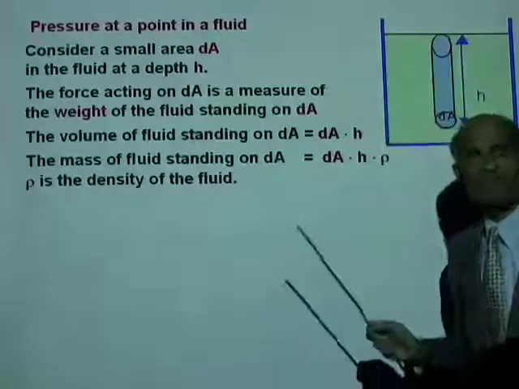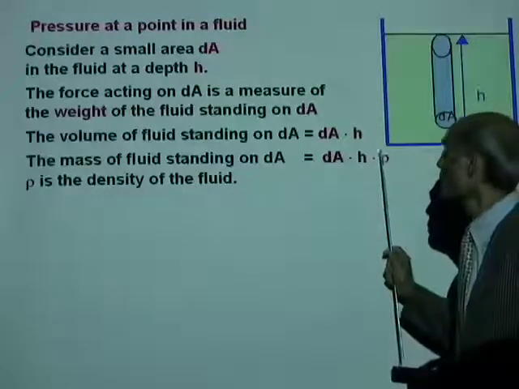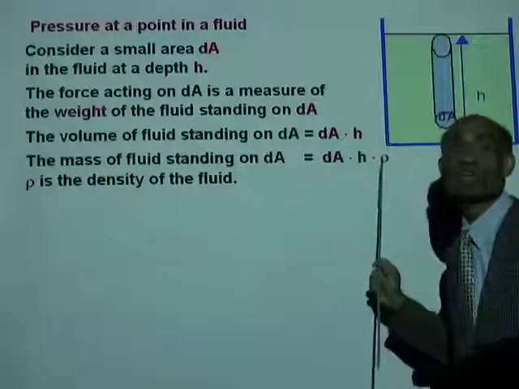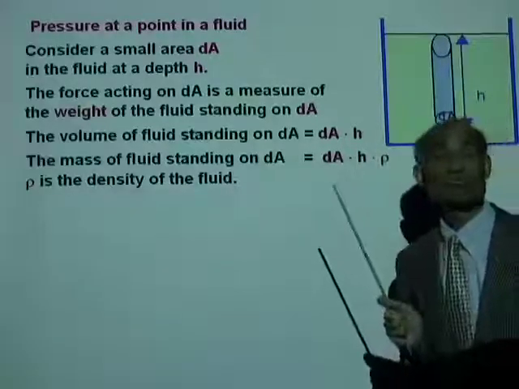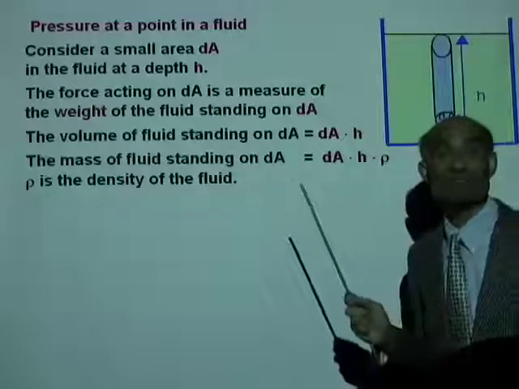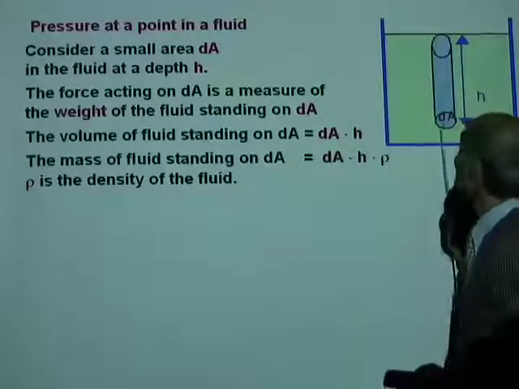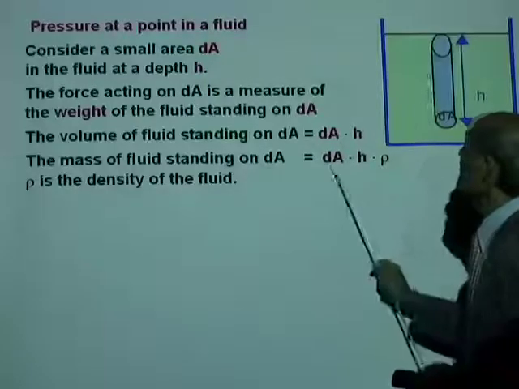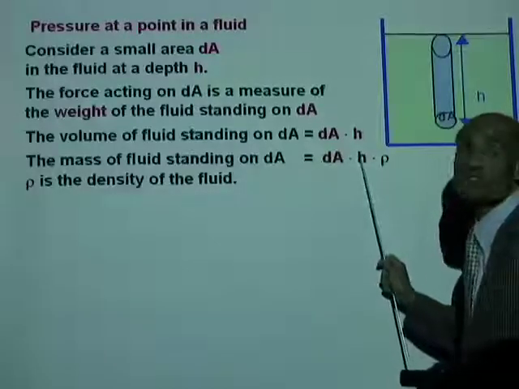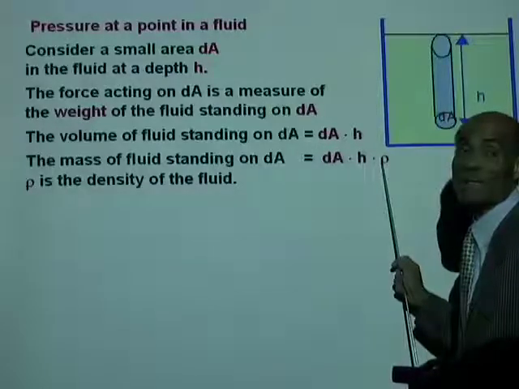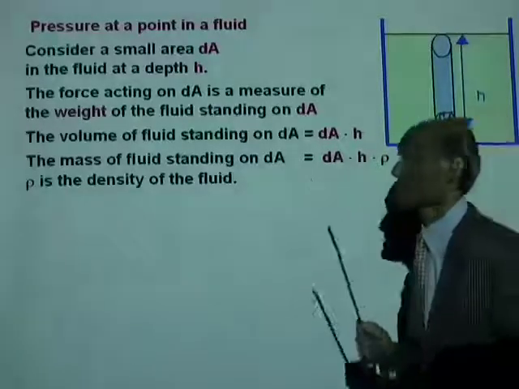I have told you a couple of times before, when you want to represent the density of a substance, we use the Greek letter rho. So this is now the mass of the fluid standing on this area. dA times h is the volume of the fluid. Multiply the volume by the density, you get the mass.